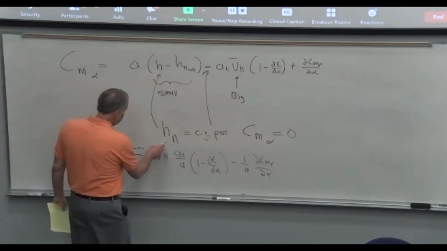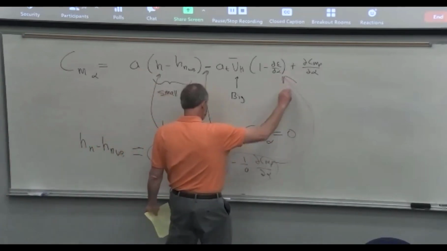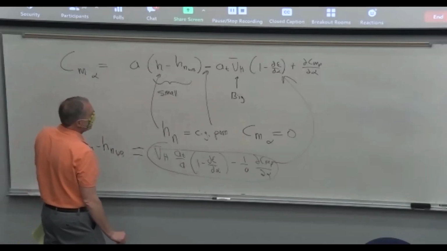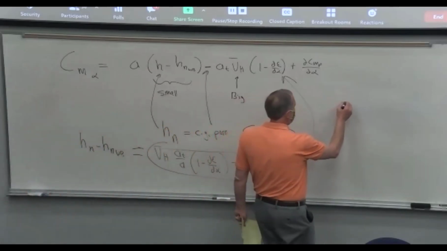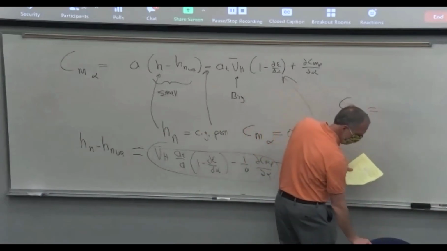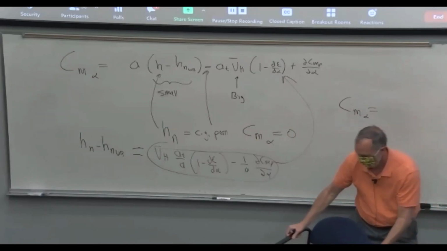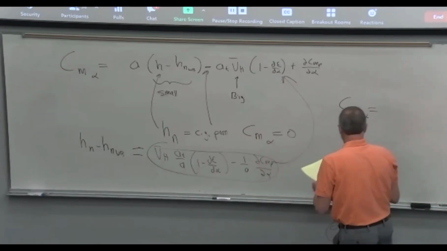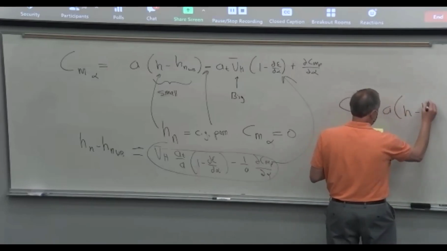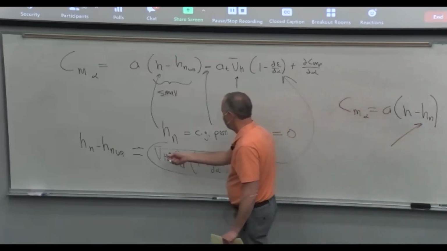And then we were able to eliminate the stuff in this formula by substituting with the appropriate sign. And then we got a simple formula for Cm alpha, if we already knew what the neutral point is from this formula here.